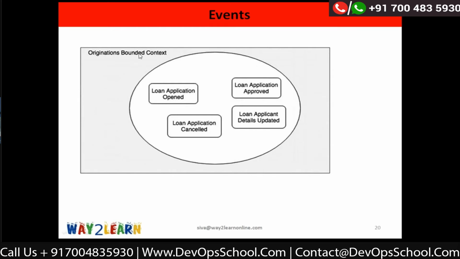For example, in my originations bounded context, whenever a new loan application is opened, I want to raise an event called loan application opened. Whenever a loan application is approved, I want to raise an event called loan application approved. Like that, you have to identify what all the events are that you want to raise so that other bounded contexts will be notified.